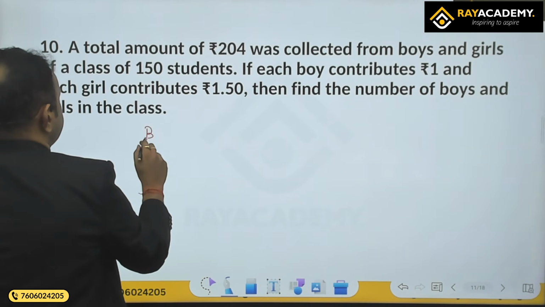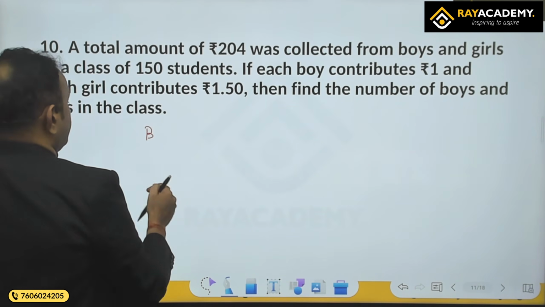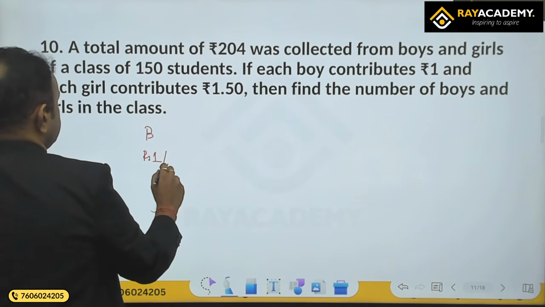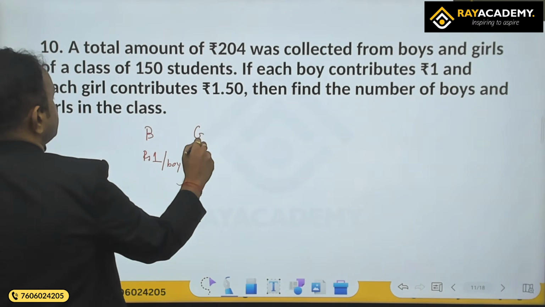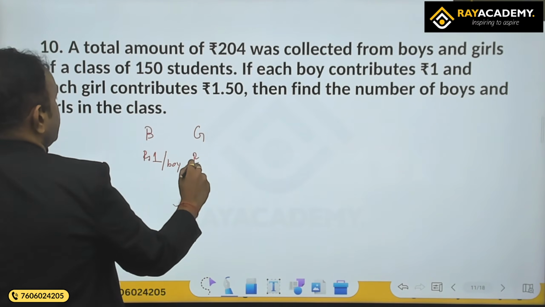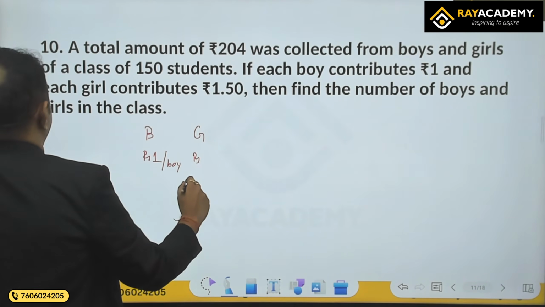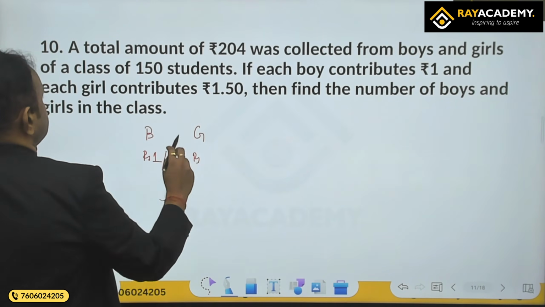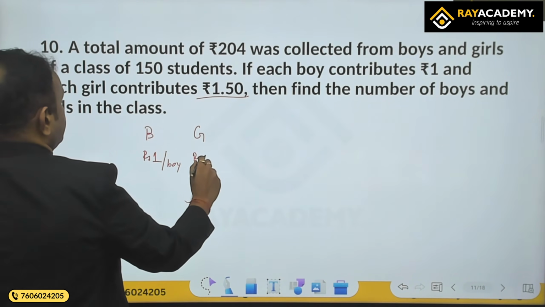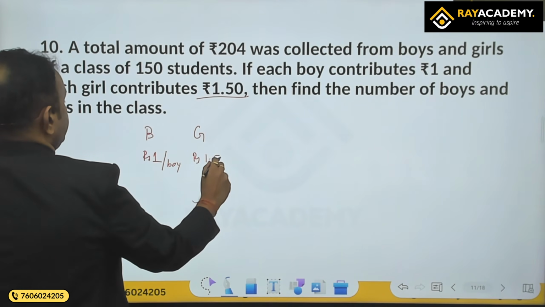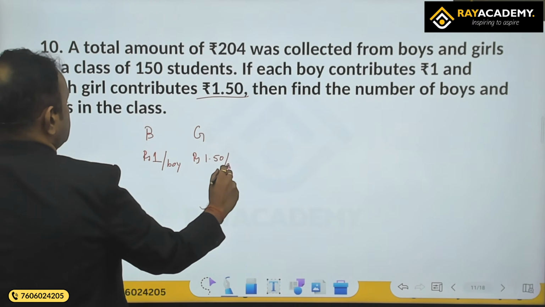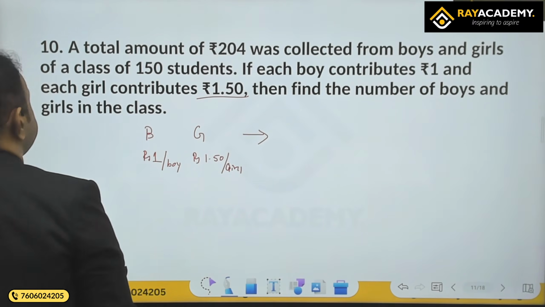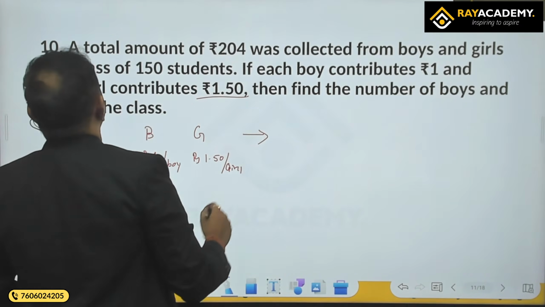Number of boys, that is B, contribute 1 rupee per boy. Number of girls is G. They are contributing 1.5 rupees per girl, and what is the total you are getting? 204.